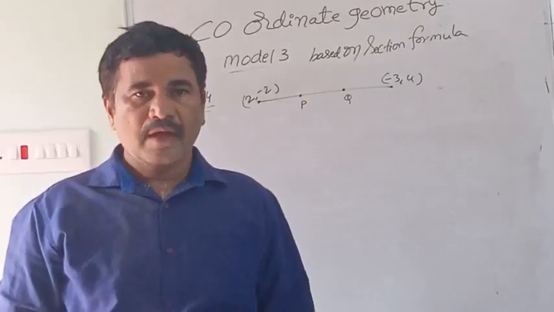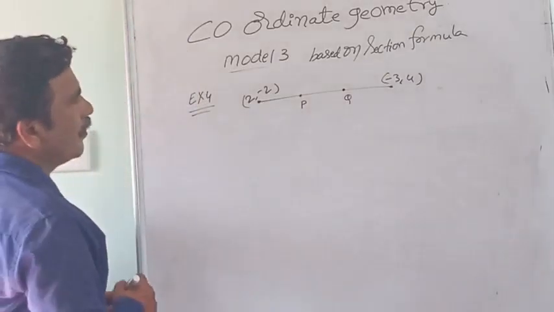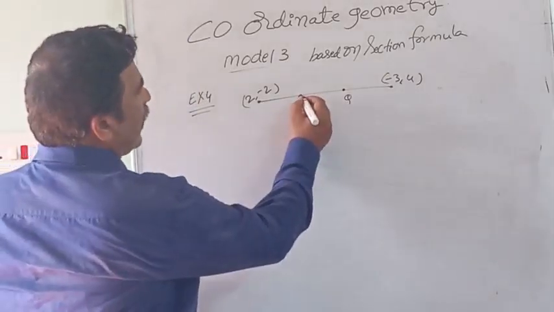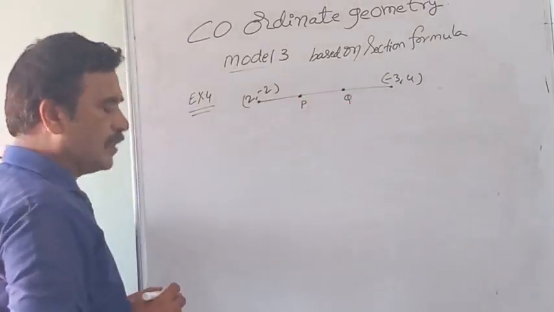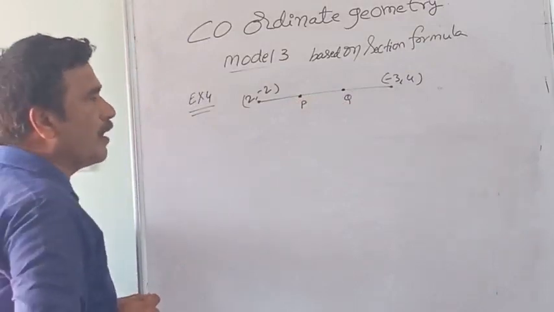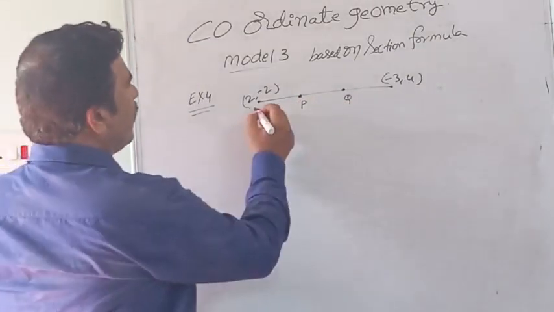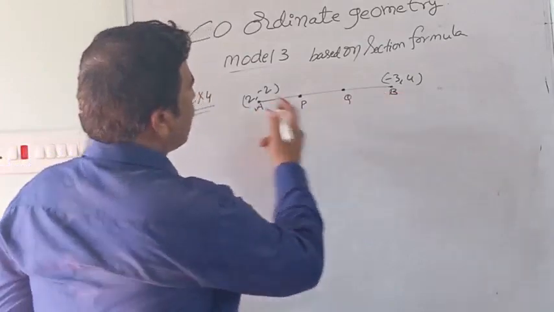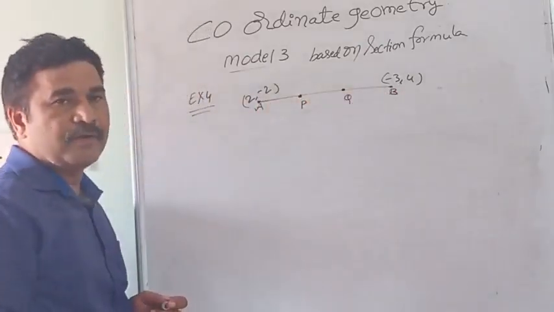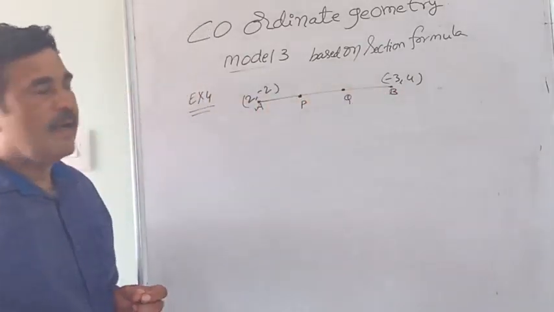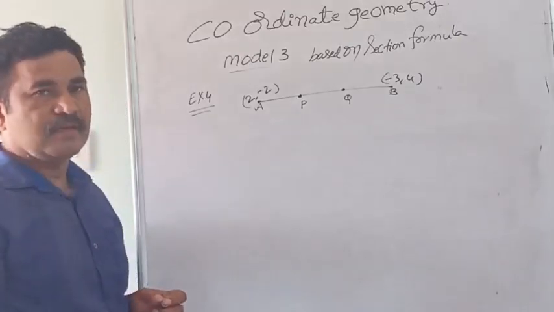Okay. Now example 4. Find points of trisection. Trisection means cutting into 3 equal parts. Let AB be the given points x1, y1, x2, y2. What is the question? Find points of trisection.